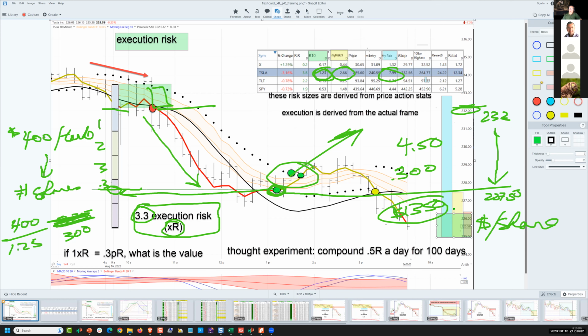If I decide to use my risk, that's 266, divided into 400 is about, let me just estimate, about 150 shares. And then we'll make about half of that. So that would be about an $800 trade.